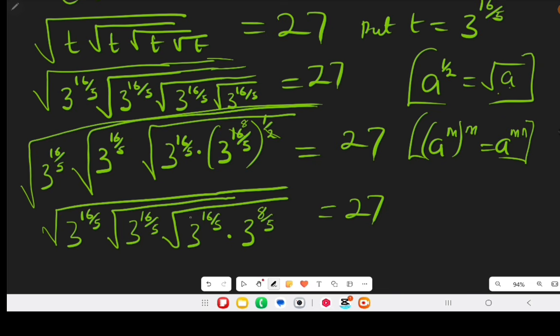In this case, we have to apply the product rule of indices or multiplication rule of indices. We state that when we have a raised to power m times a raised to power n equals a raised to power m plus n.